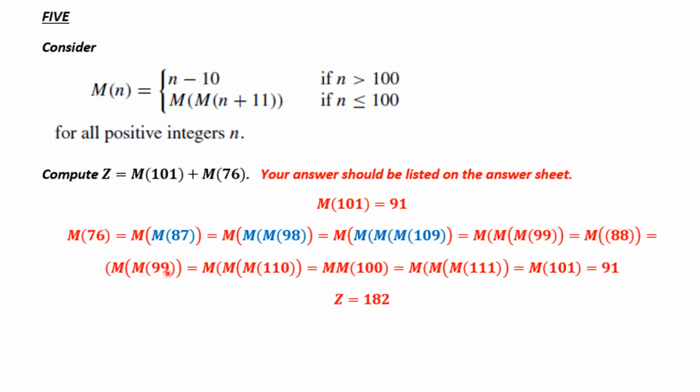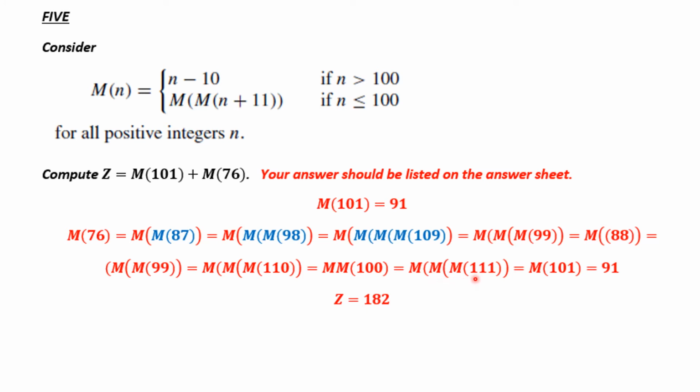So M of 99 then, using the definition going this way, is M of 110. But now 110 is bigger than 100, so that is going to be M of M of 100. And M of 100 is M of 111.